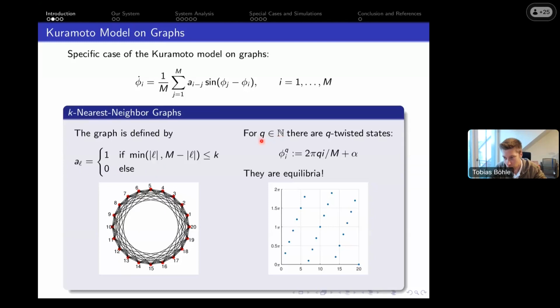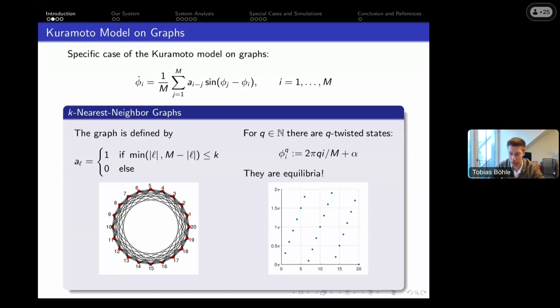For every natural number Q, well, you can even say for all integers Q, but let's just focus on natural numbers, a Q-twisted state is given by this formula here. The ith oscillator has phase 2 pi q i over m, and then you can add a possible phase shift alpha if you want.